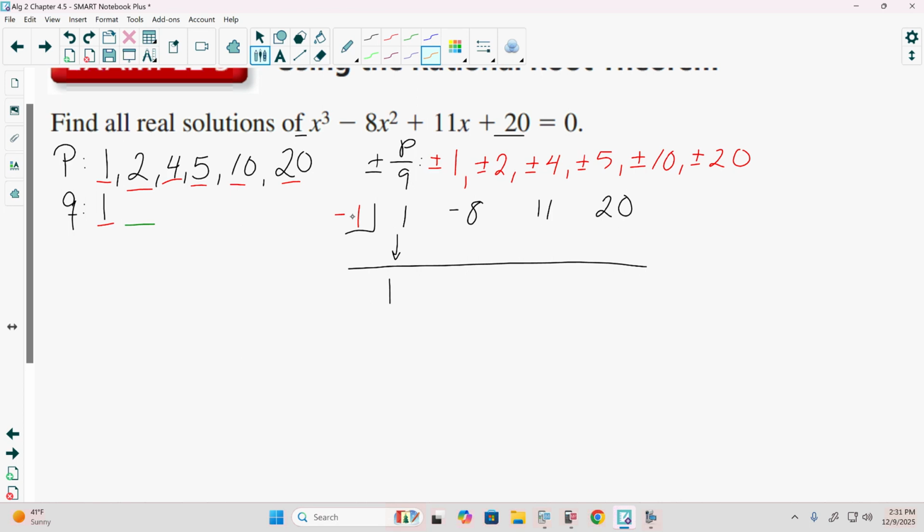Because it is positive and negative, isn't it? So we could do it with negative 1. If that works, it's a solution. If it doesn't, we mark it out and move on to 2. If it works, it's a solution. If it doesn't, we go to negative 2, 4, negative 4, 5, negative 5, 10, negative 10, 20, negative 20. And keep checking, and if it does give us a 0, we mark it down as one of our solutions, and then we move on to the next value.